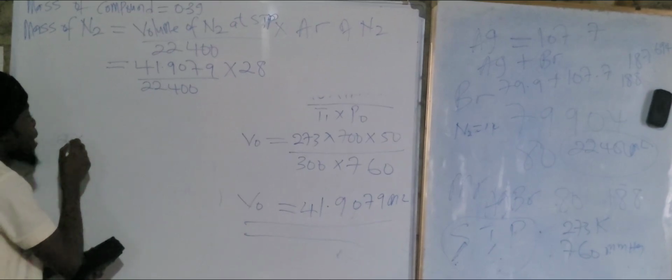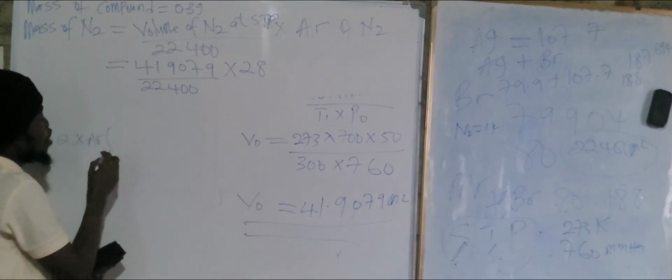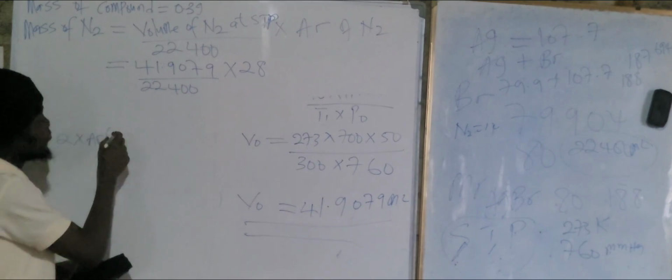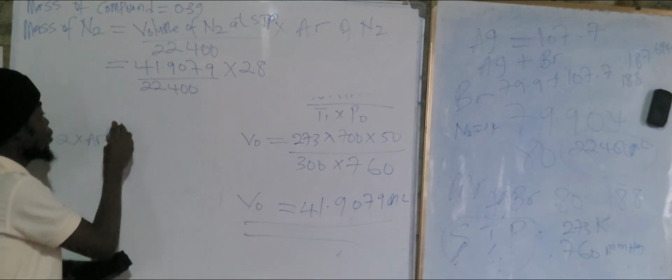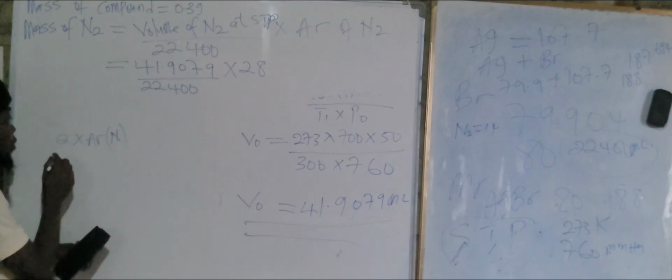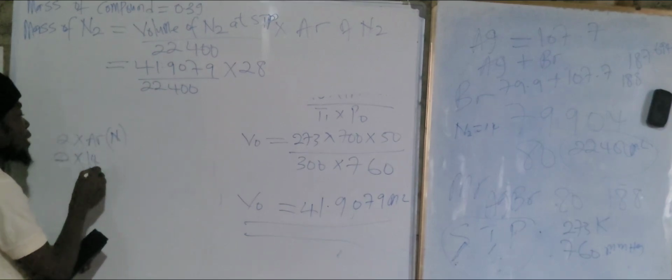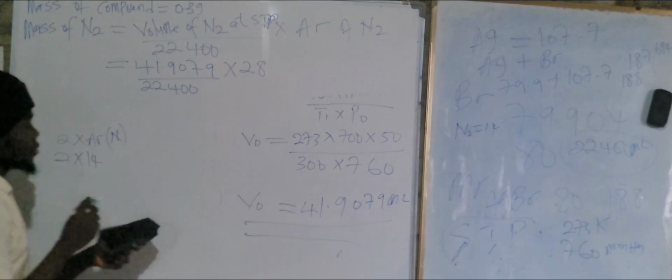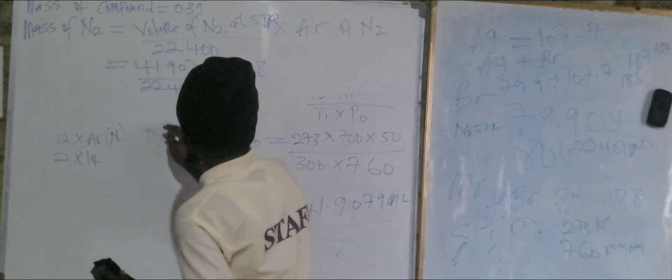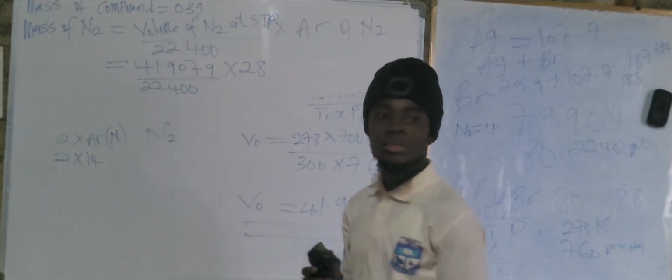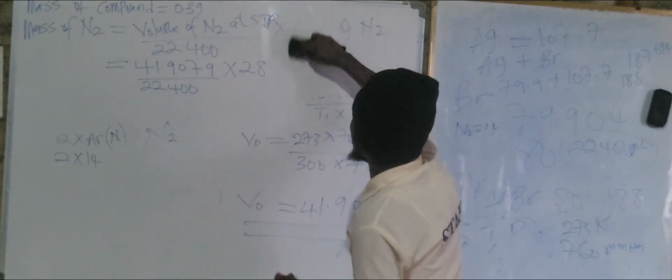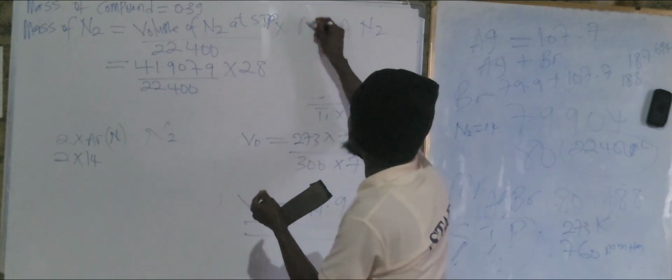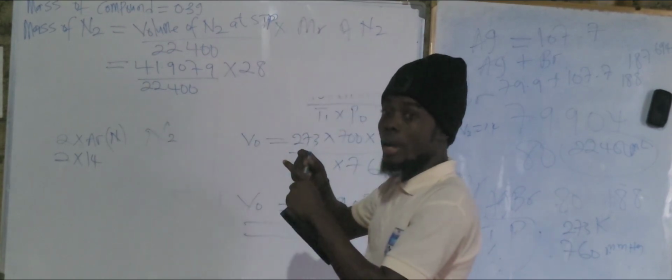It is 2 times the relative atomic mass of nitrogen, which is 14, so 2 times 14 is equal to 28. Nitrogen gas is N2, so we have 2 nitrogen atoms. Let me write it: this is MR, the relative molecular mass. Are we okay?